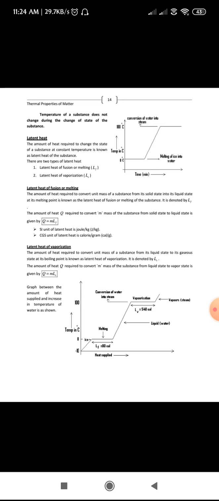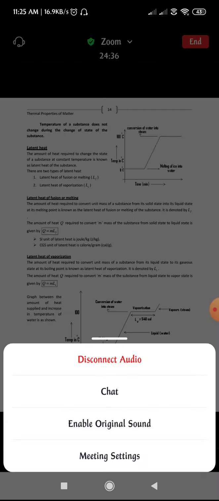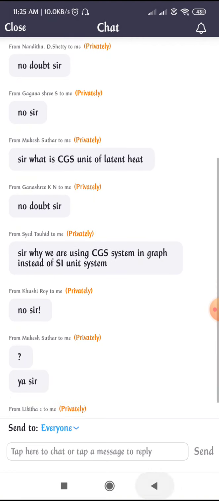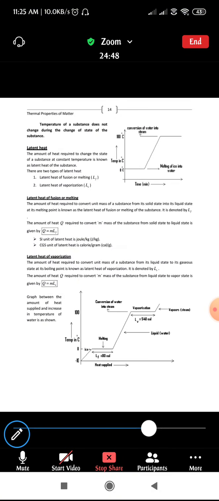That is the difference. In some cases, we make use of the CGS system. In the chapter on units and measurements, I am going to explain that in detail, so don't worry about that. Is it clear? Okay, fine. So no doubts regarding latent heat?